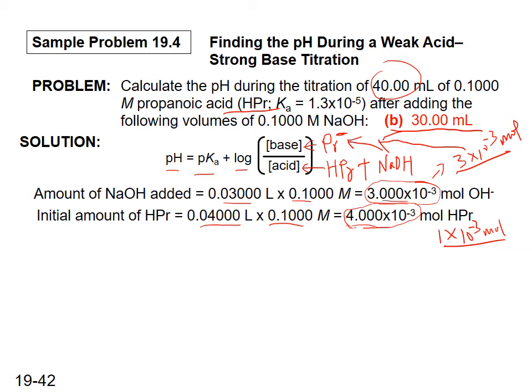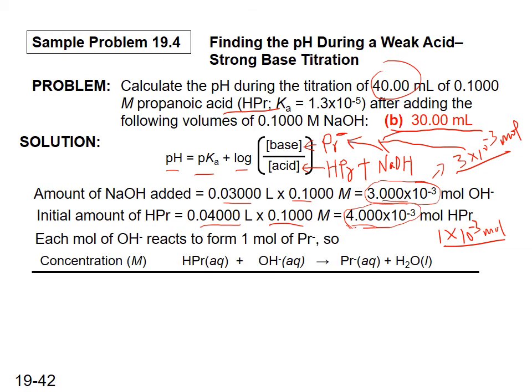But a better way is to write the reaction table. This reaction is between the weak acid and the hydroxide. It's a neutralization reaction that gives water and the conjugate base. This is a better way to do it without confusion. So we have the weak acid and the conjugate base. Initially we have 0.04 acid, and we add this amount of hydroxide, and initially there's no conjugate base.